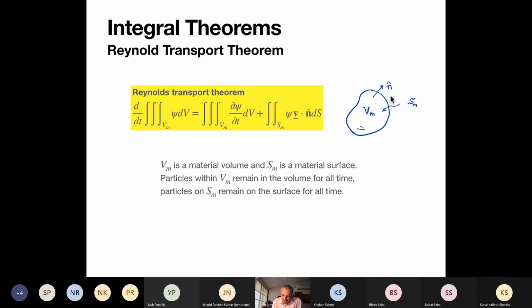Now here v is not a generic vector, but the velocity of the continuum.